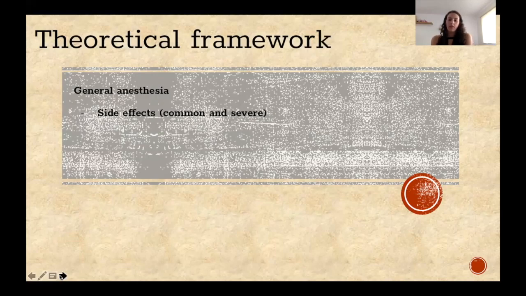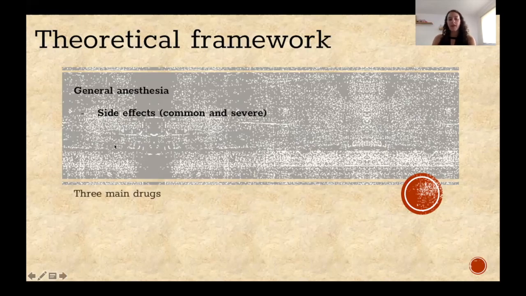There is not another way for large procedures, and the most severe side effects and the common side effects can come either from vomiting and shivering and sleepiness, or to death, blood clots, consciousness under anesthesia. So there are a lot of side effects.